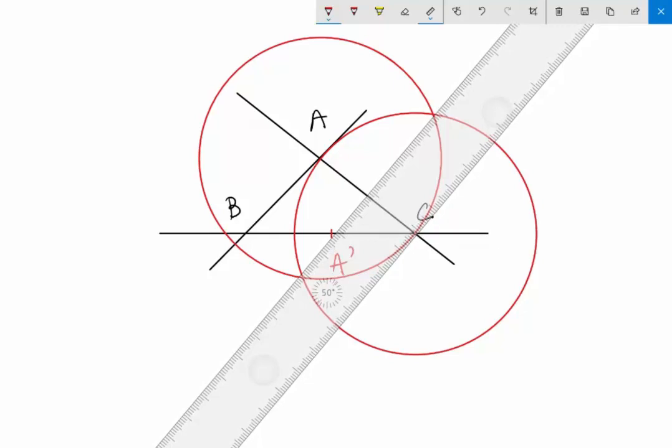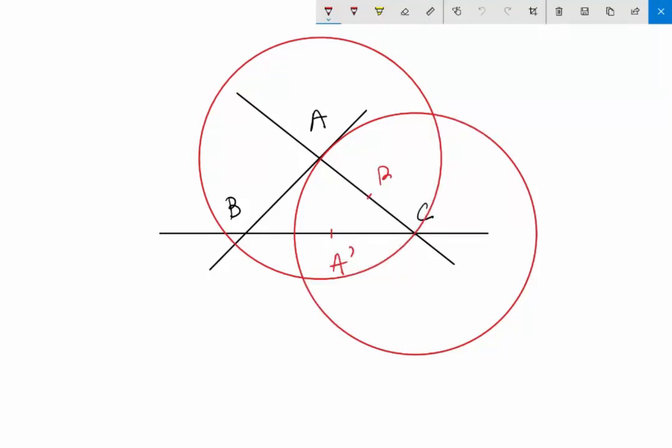It will intersect AC at a point. Call it B prime, and we'll erase the strokes.